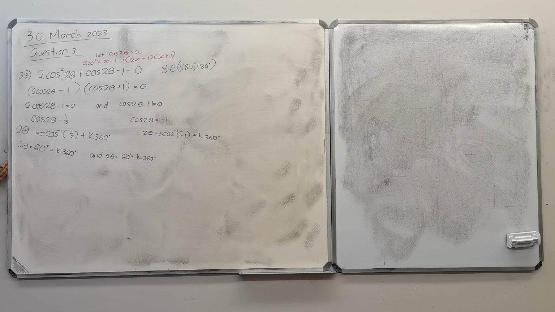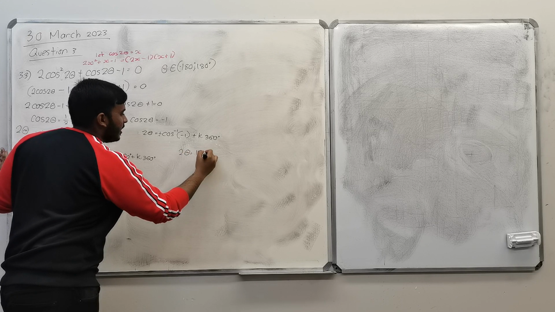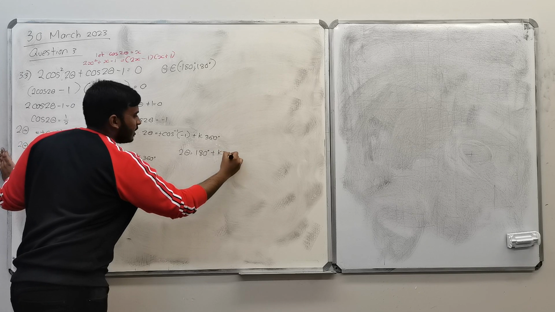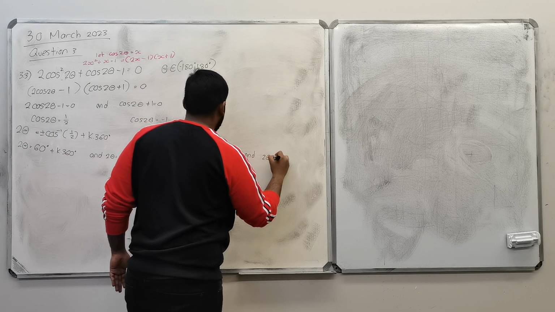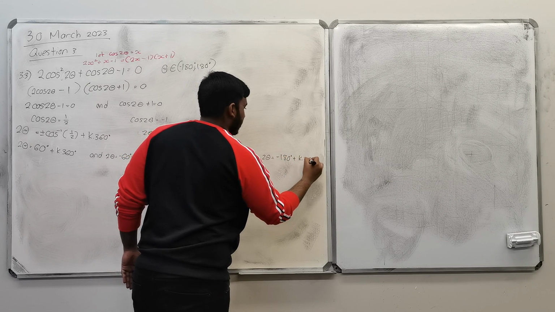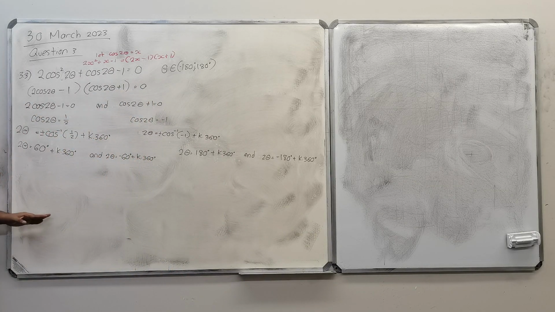Everybody still with me? Yes. Okay. Do the same thing here. You're going to end up with 2 theta is equal to 180 plus k times 360, and 2 theta is equal to minus 180 plus k times 360.